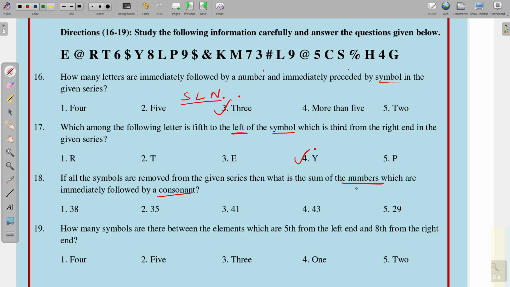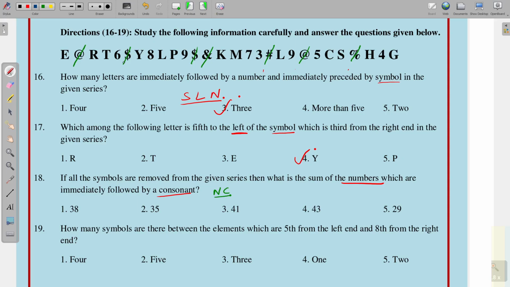What is the sum of the numbers? So first of all, remove all the symbols: 1, 2, 3, 4, 5. Next again this one. So the sum of the numbers which are immediately followed by a consonant. Number and consonant.